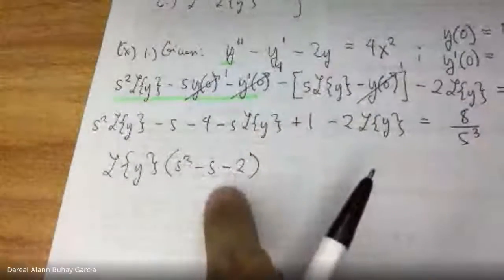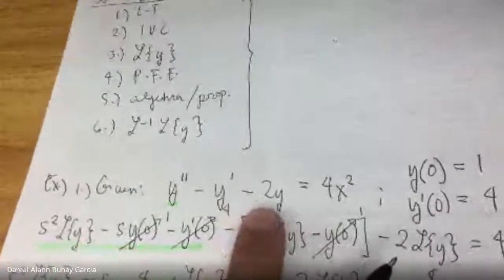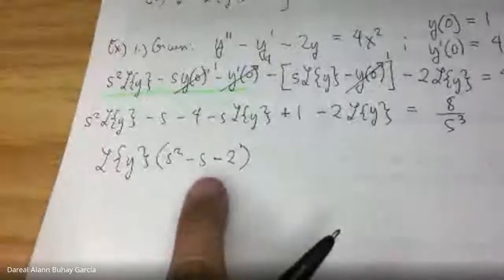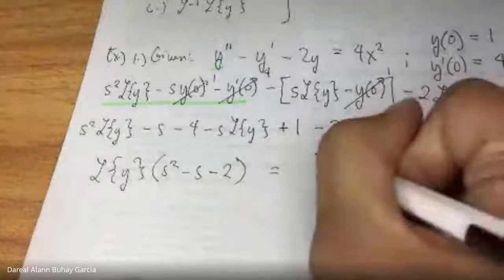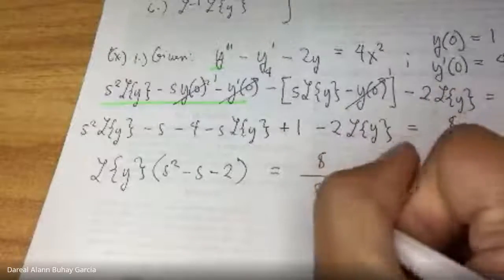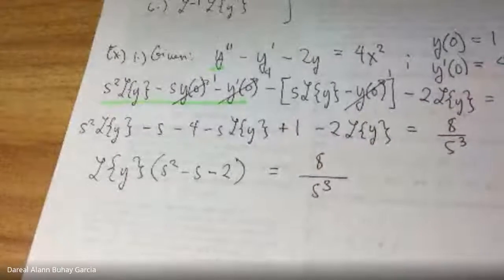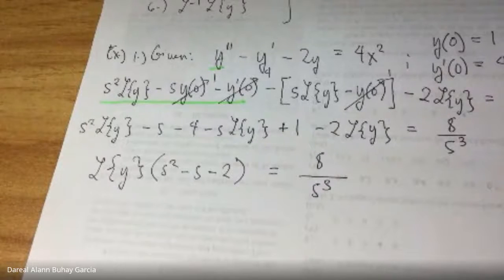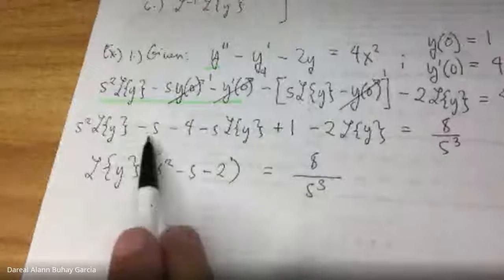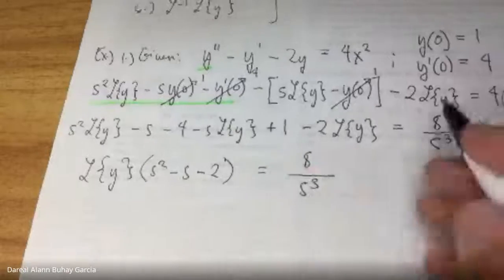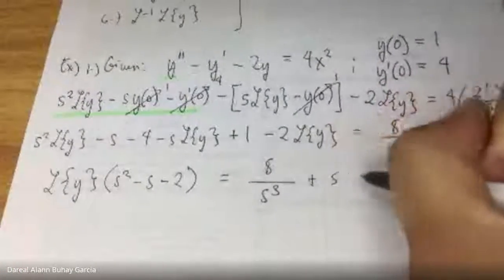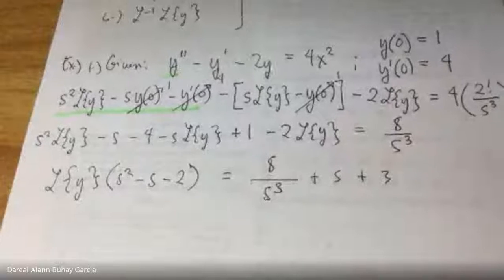Notice nga this resembles the given, no? y double prime minus y prime minus 2y. So s squared minus s minus 2 times the Laplace of y, equal to 8 over s cubed plus s plus 3. No? Negative 4 plus 1 is negative 3, so plus 3. Plus s plus 3.